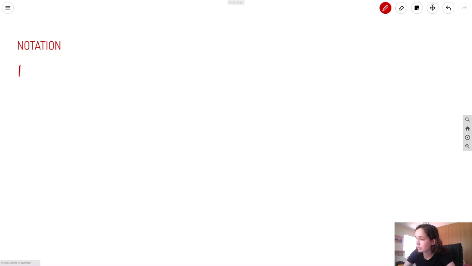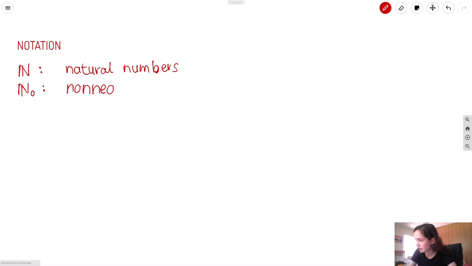If you see this N being used, this refers to the set of the natural numbers. If you see the N along with the 0, this would just mean natural numbers along with 0, so you can say the non-negative numbers.